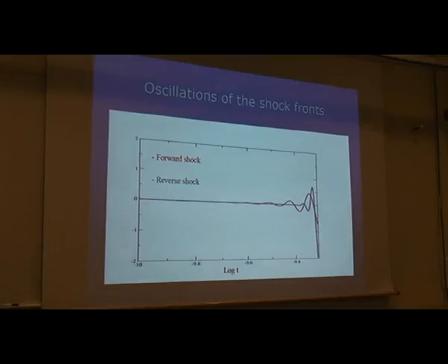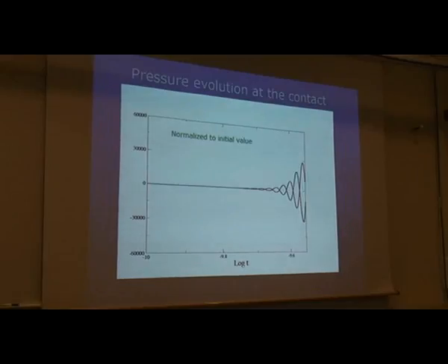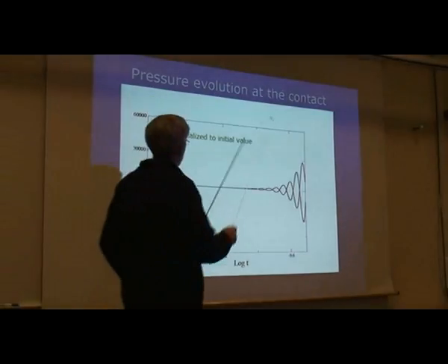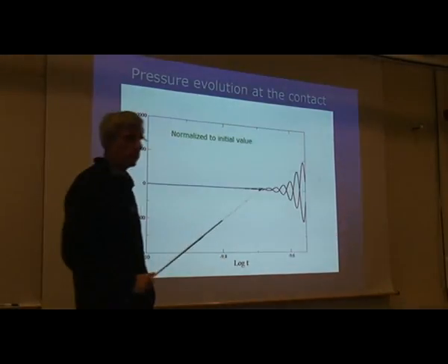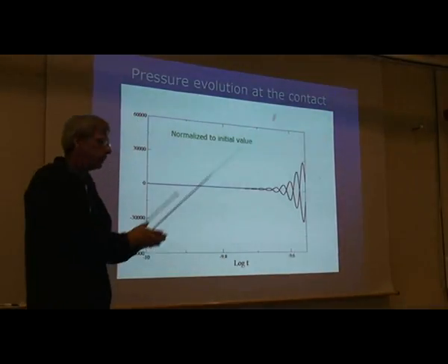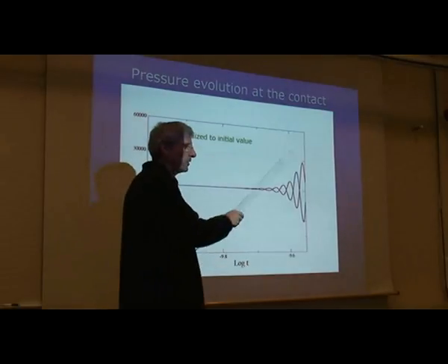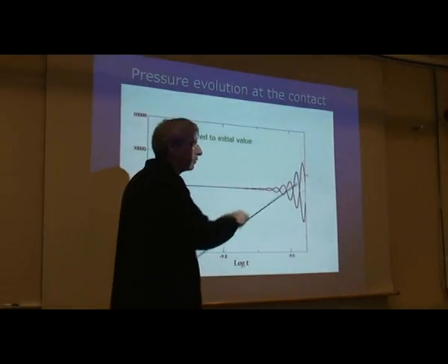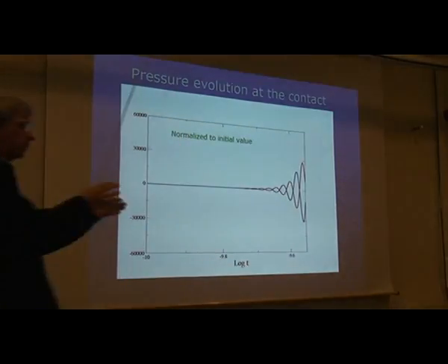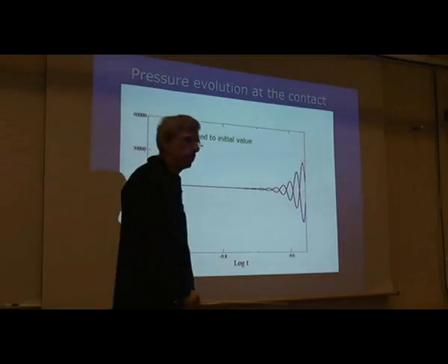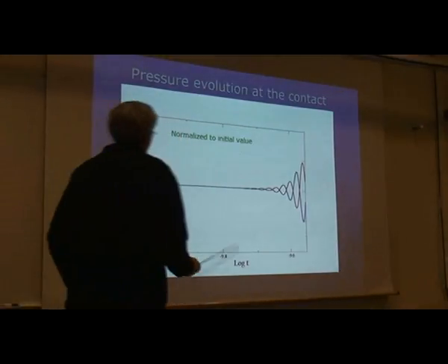And this is, for example, the evolution of the pressure. What I show here is delta P at the contact, just near the contact on two sides. It's quite confusing because I normalized the curves, so they actually follow each other just by pressure balance across the contact, but the normalization here is a sign change.